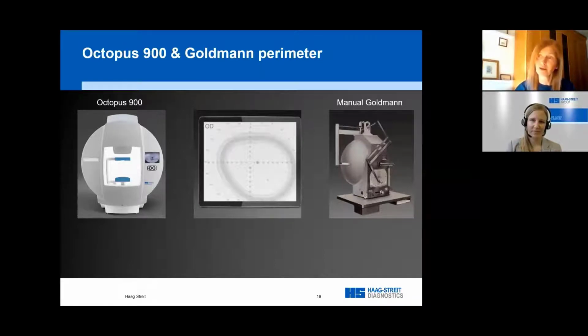The other positives, I remember calibrating the Goldman. I think we probably tried to calibrate the Goldman maybe once a week. I know some people did it maybe once a couple of months. That varied very much from clinic to clinic, but the Octopus is calibrated automatically when you turn it on, which is great.